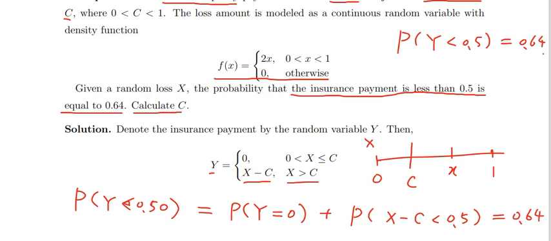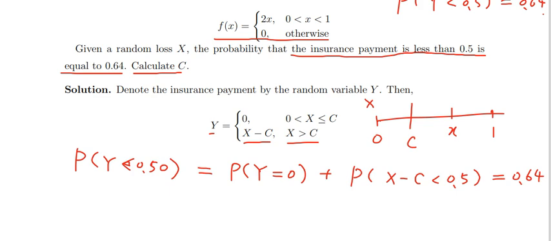So we want to find c. Okay, y equals 0 means this probability, x from 0 to c, 2x dx, right? And for this part, here actually we have a condition that x is larger than c.